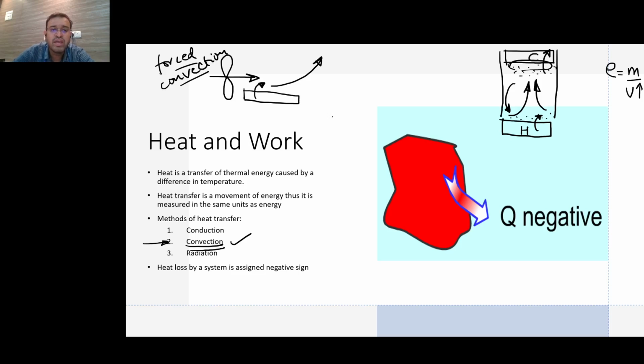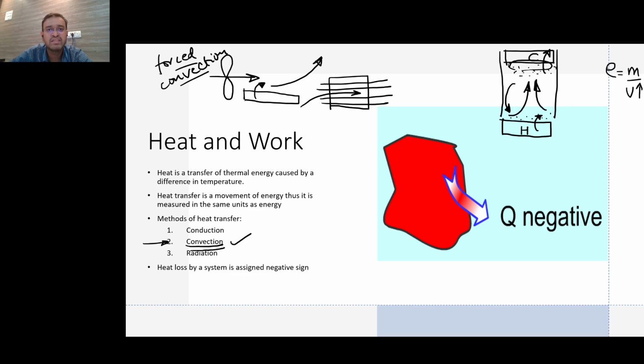In the case of motorcycles, if you remember the structure of the engine, you have these fins on the motorcycle engine. As you move, air is forced into these channels where it takes up heat and the hot gases can escape. So the engine is maintained below a certain temperature, which prevents any damage.